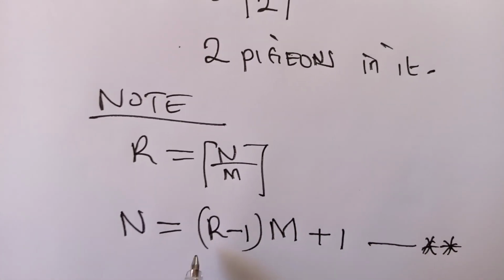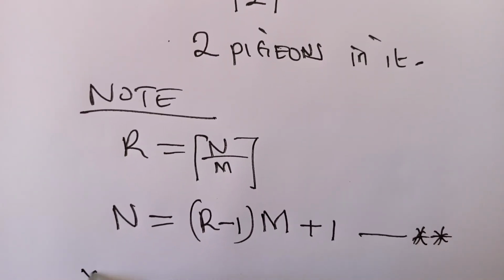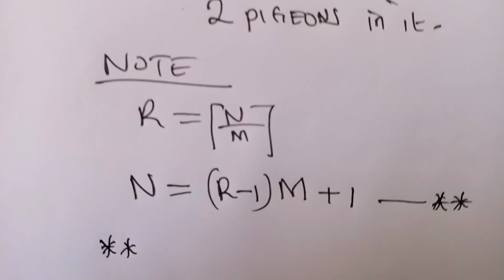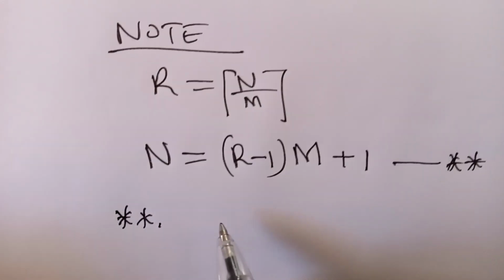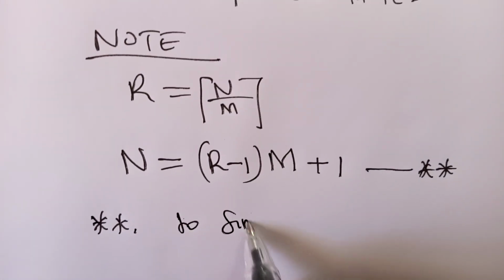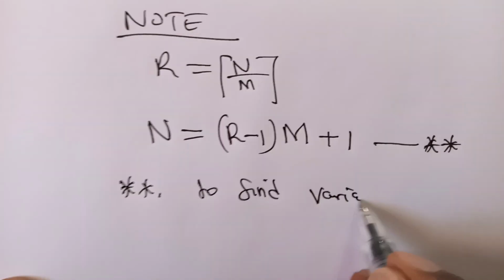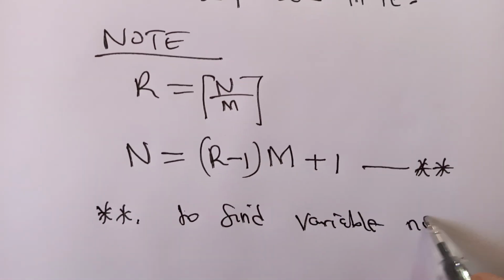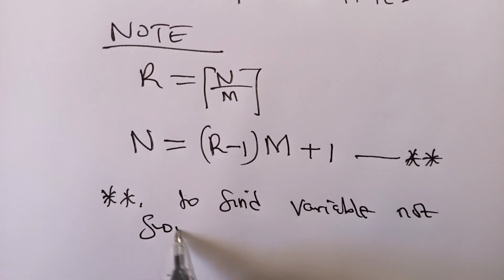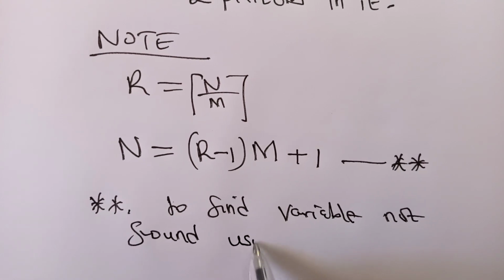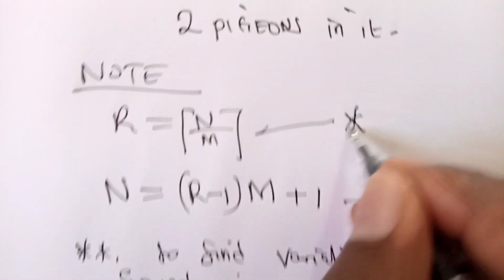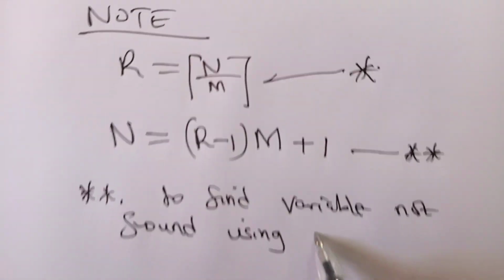Therefore, we will be using this equation 2 to find a variable that is not actually found using equation 1.